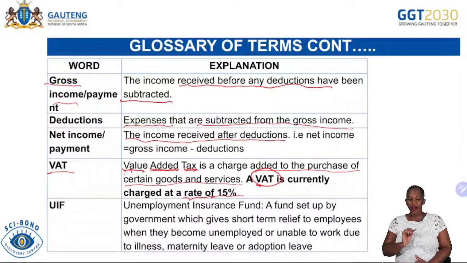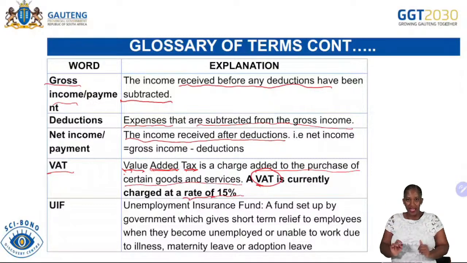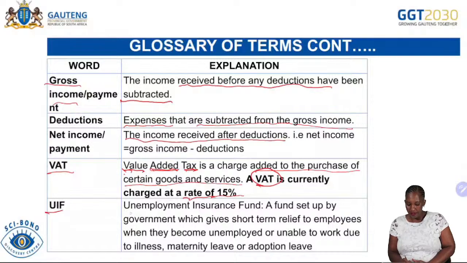And then we have another terminology here that you'll come across when we do taxation, which forms a part of the salary slip, the pay slip, the UIF. What does the acronym UIF stand for? UIF stands for Unemployment Insurance Fund. How do you know?